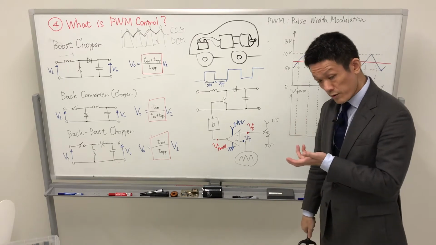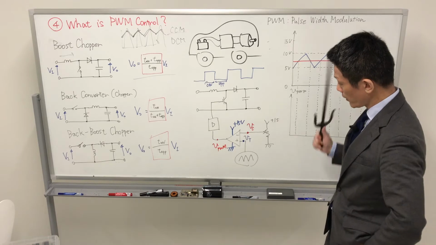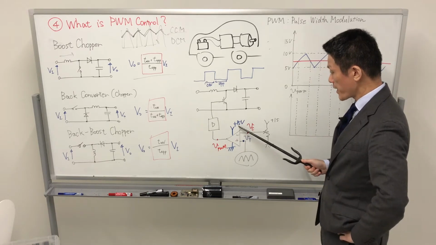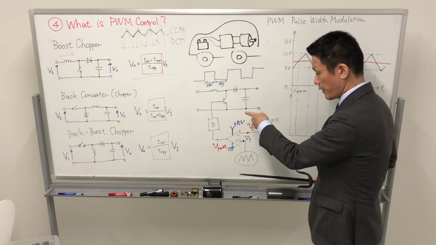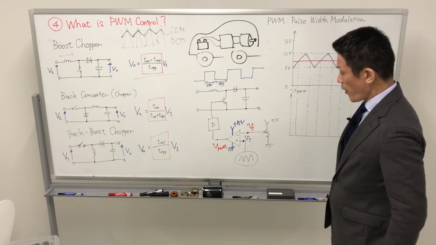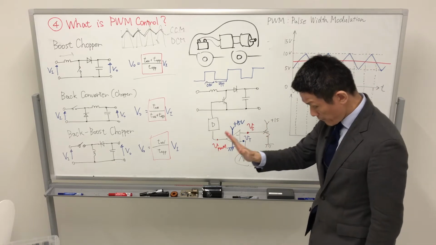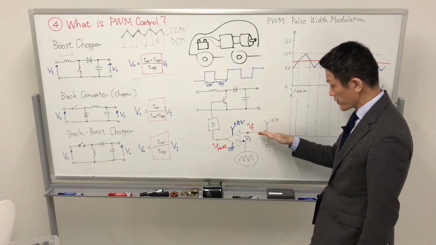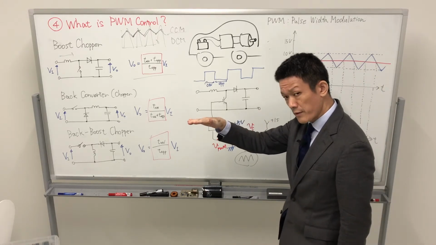We can use the comparator. Do you know the comparator? A comparator outputs a voltage depending on whether the input is upper or lower. However, the acceleration voltage is almost like a constant voltage.